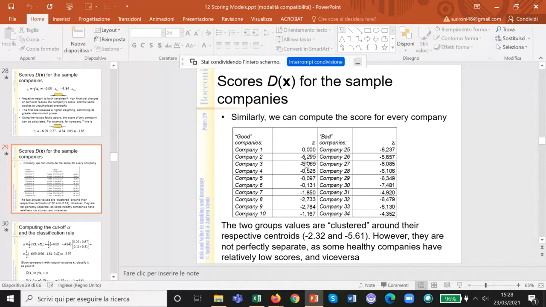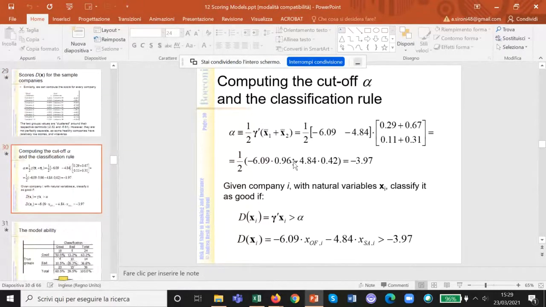For example, you can see in the good ones, there are two companies, company 2 and 3, which have very negative values, which are close to the ones of the bad companies, okay? While the others have clearly much higher values, okay? The two groups' values are clustered around their respective centroids, even if they are not perfectly separate, okay?